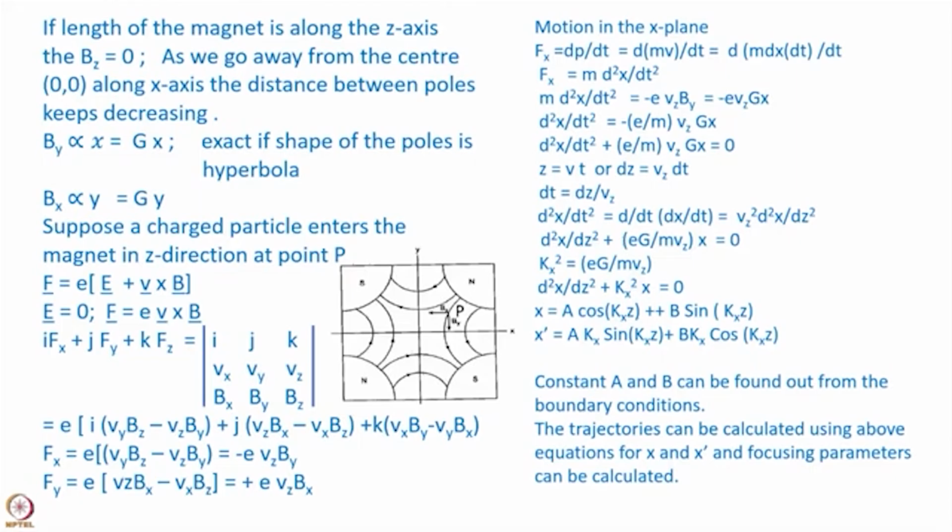So you can see that if it is focusing in the x plane, it will defocus in the y plane, and if it is focusing in the y plane, then it will defocus in the x plane.